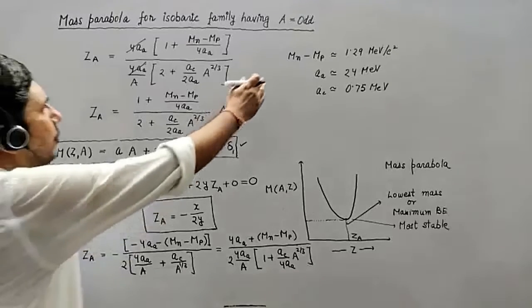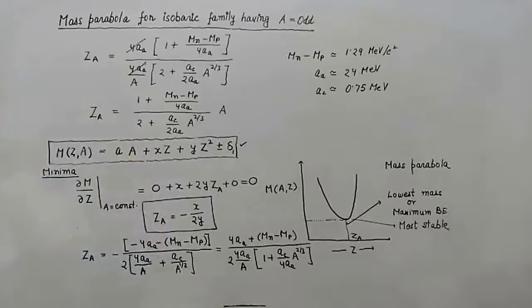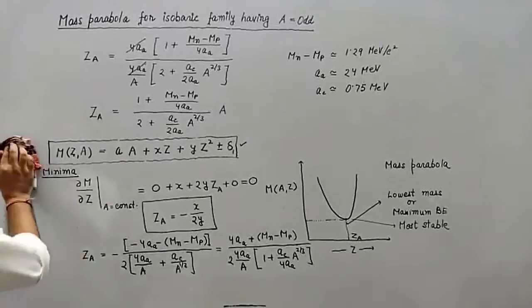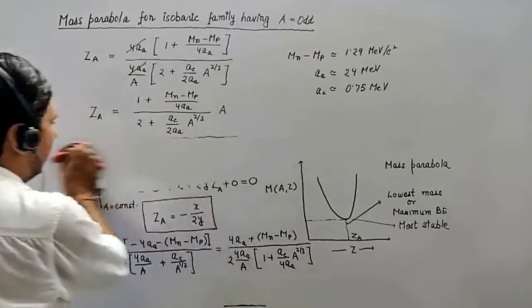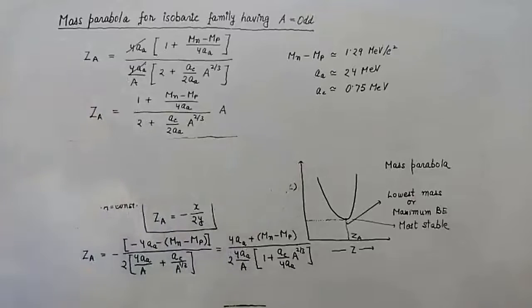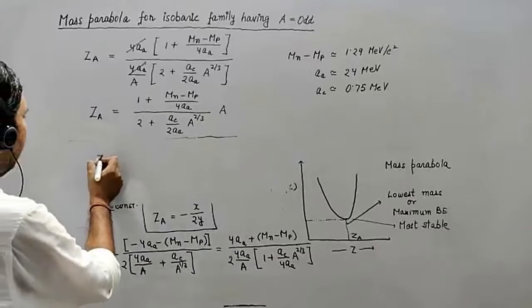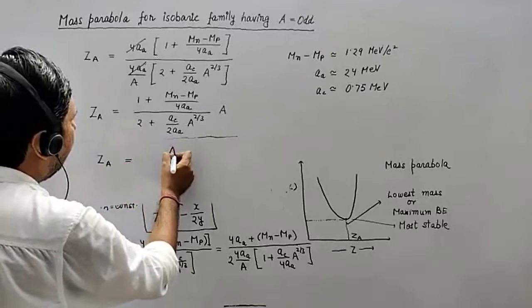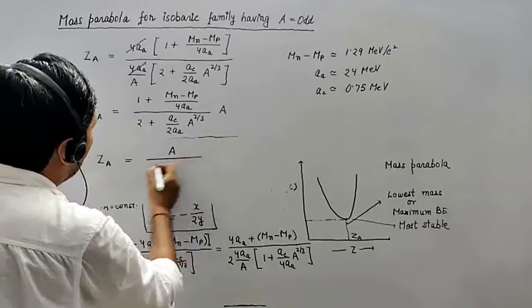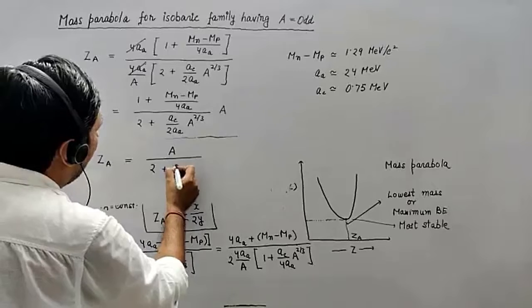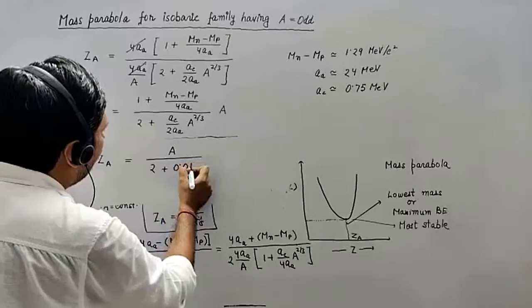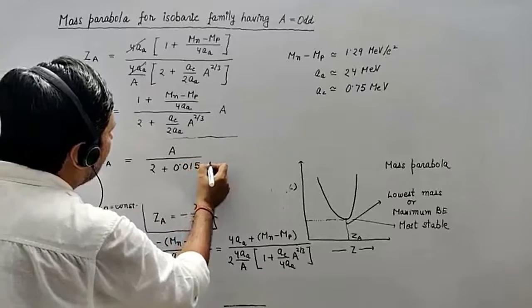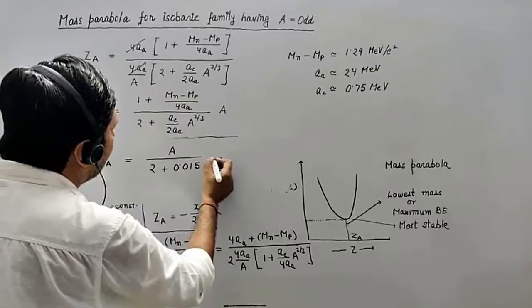So if I substitute all these values here, then we will find that the expression of ZA comes out to be A upon 2 plus 0.015 into a to the power 2 by 3.